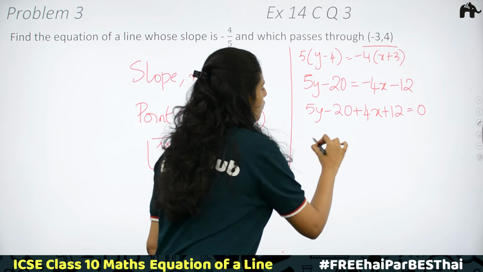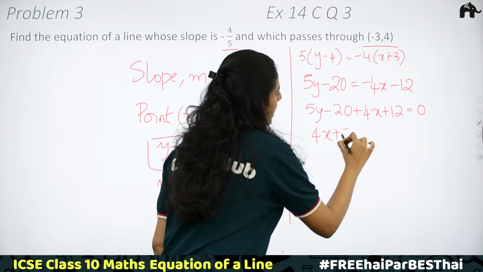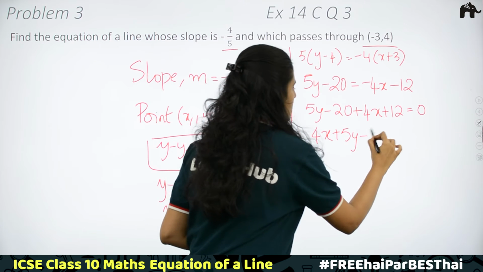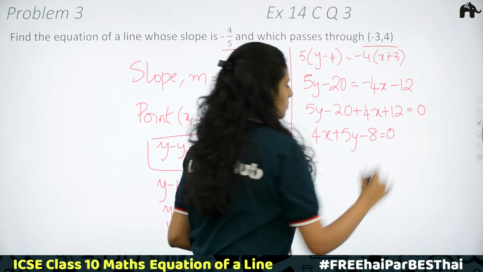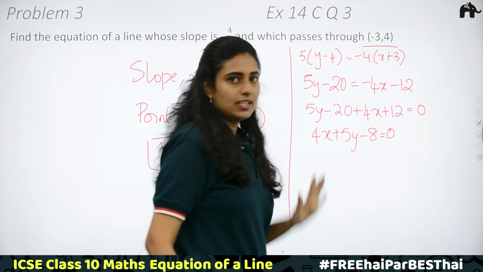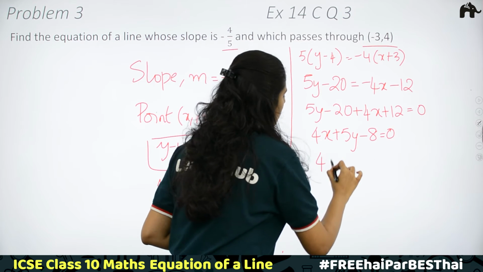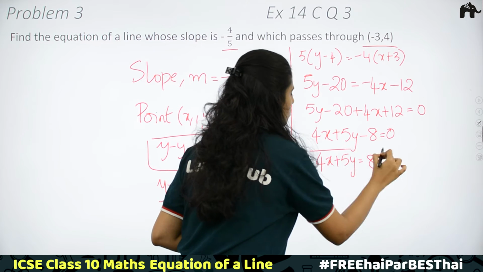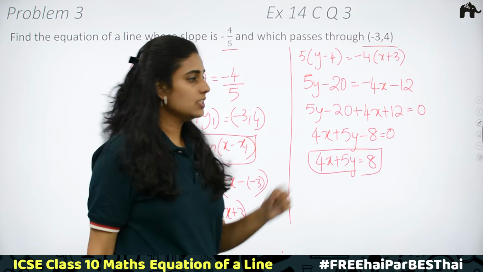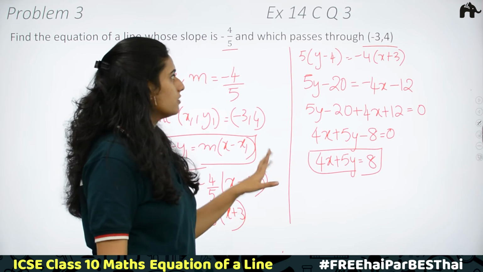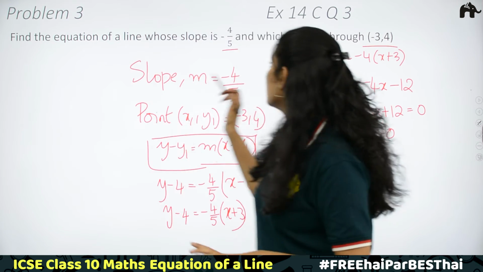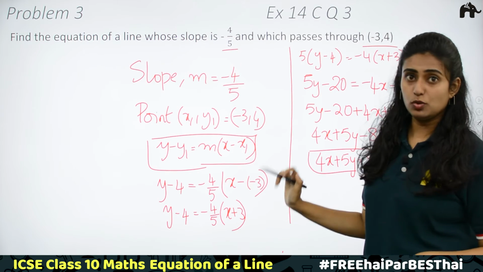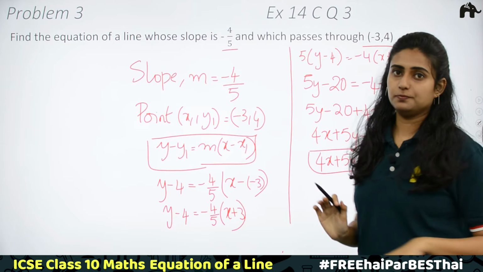That is 4x plus 5y minus 20 plus 12, which is minus 8, is equal to 0. You can keep it like this, or 4x plus 5y is equal to 8. This is also acceptable. So this is the required equation of the line with slope minus 4 by 5 and passing through the point minus 3, 4. Clear?